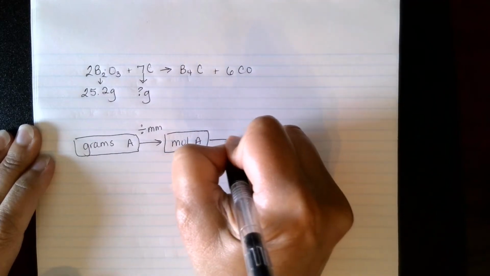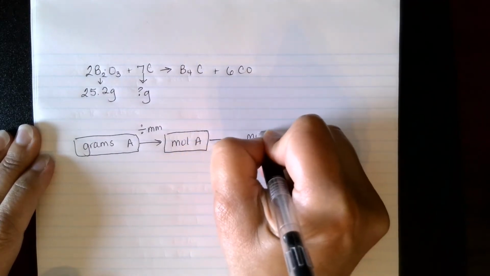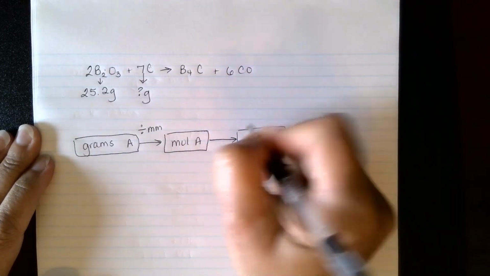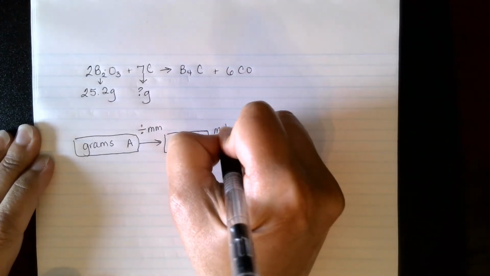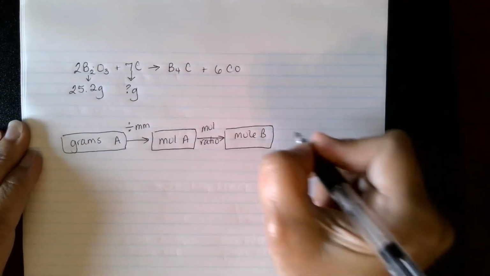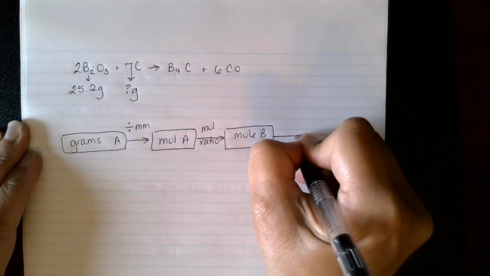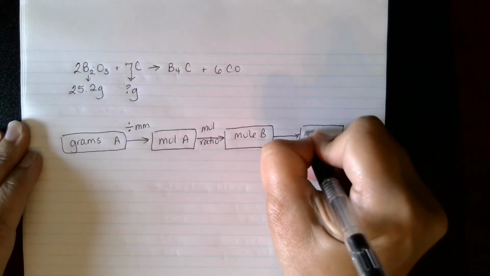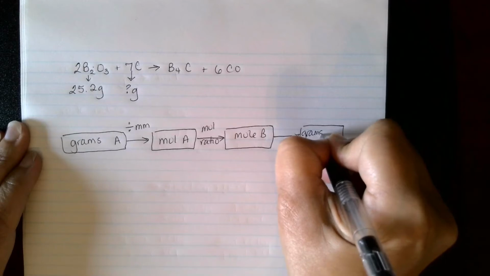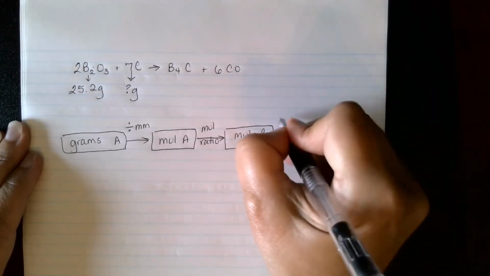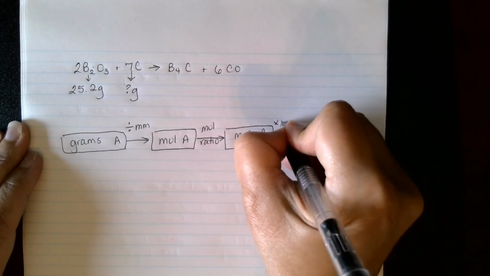Then once I have moles of one thing, I can go to moles of another substance in my chemical reaction as long as I use a mole ratio, those coefficients. Then I could go to grams of that other substance, and to go from moles to grams, I need to use my molar mass.